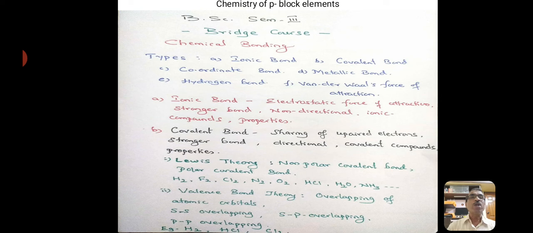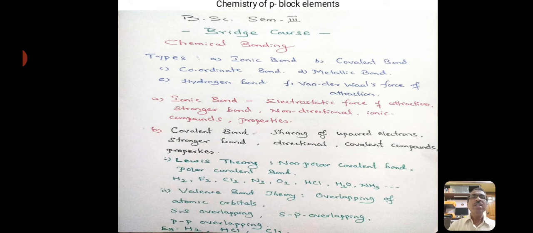Compounds which contain this ionic bond are called ionic compounds. You have studied the properties of ionic compounds also. All ionic compounds are crystalline in nature, they are soluble in water and so on. You have studied many more properties.